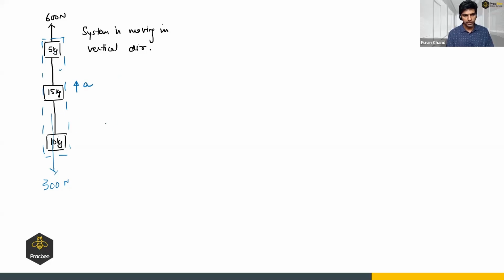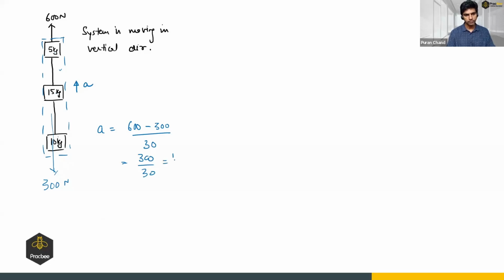Okay. Now tell me the acceleration. So we can say 600 minus 300, that is the net force in the direction of acceleration, divided by the mass of the system. Mass of the system is 30, no? So this will become 300 divided by 30.